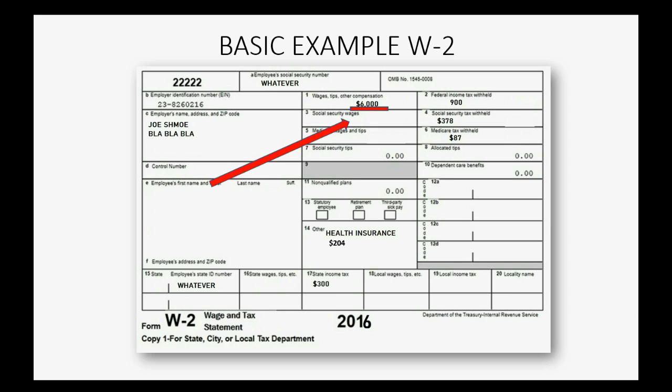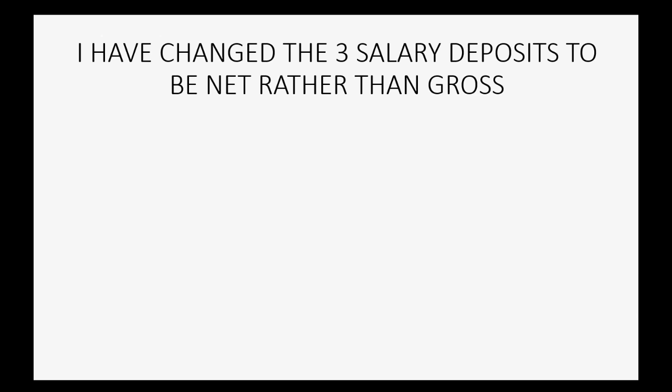Notice that it has the gross pay listed, and it also has each of the withholdings that should be recorded as expenses. And these are the total amounts for the entire year, because that's what a W-2 is. It tells you the total gross pay and the total of each tax or each deduction that was withheld from your check during the year.